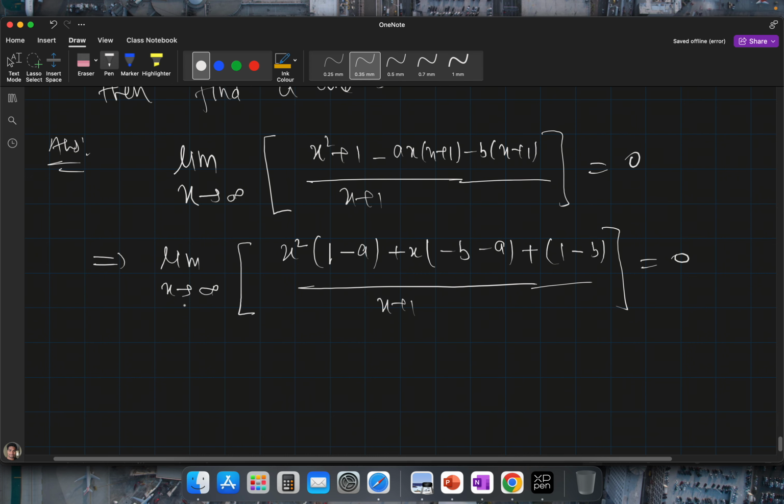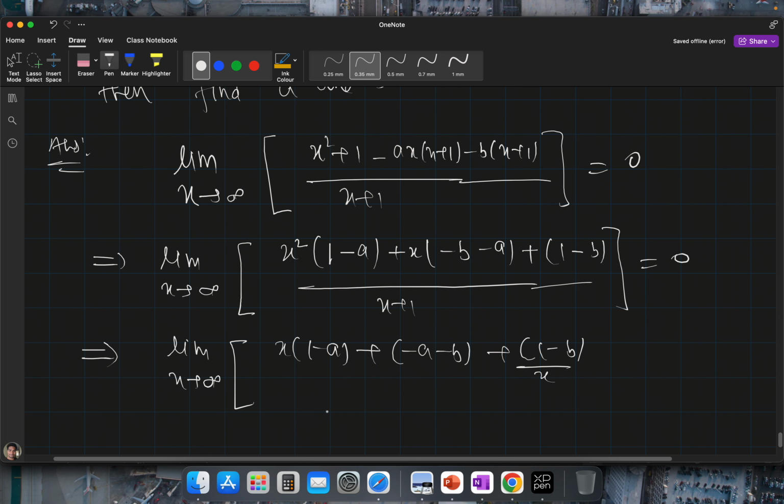Now I want to evaluate this limit, and the value of the limit should be 0. So you can see that the power of the numerator is actually greater than the power of the denominator. First, I will just divide numerator and denominator by x, and this will be 1 plus 1 by x, that is 0.